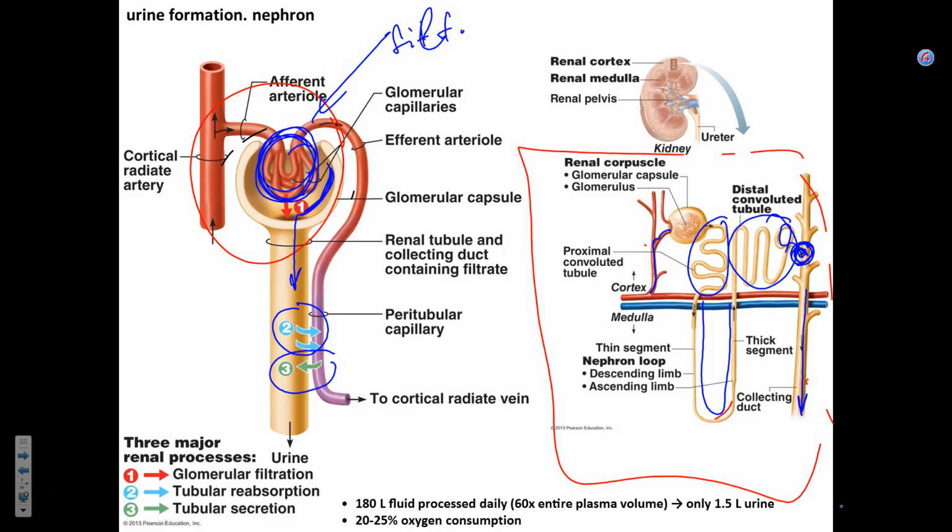We process a lot of fluid. Daily, we process about 180 liters of actual filtrate. So we form 180 liters. If you prefer imperial units, something like 50 gallons of filtrate a day.